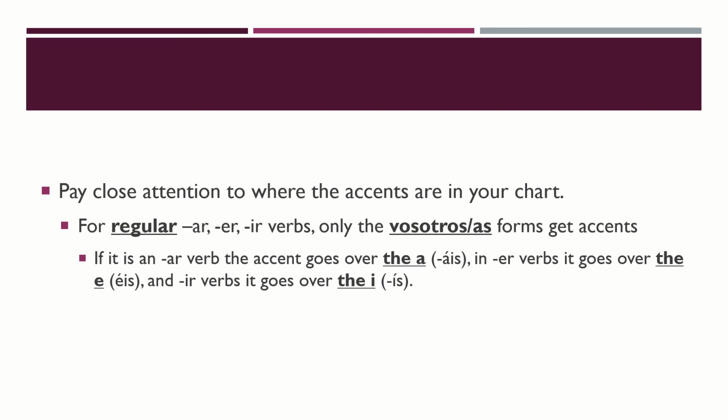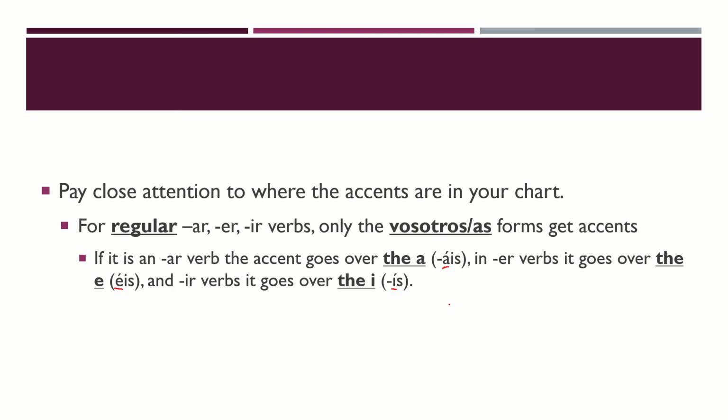Okay, so a trick for us is that if it is an AR verb, only the A part of the ending gets an accent. So you'll see here that we've got áis, right? And the A is the part that gets the accent. In ER verbs, it goes over the E part of the ending, okay, which gives us éis, and you'll see it's only over the E. And then IR verbs, it goes over the I part of the ending, ís.